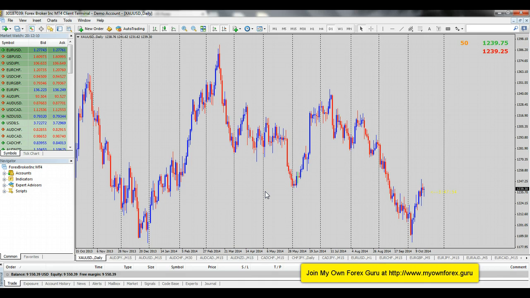Now, just using Fibonacci, sorry guys, I've been up since 4 a.m. Just using Fibonacci without any other indicator can prove a little bit difficult, because you might think you're getting in at the right point when you're really not.